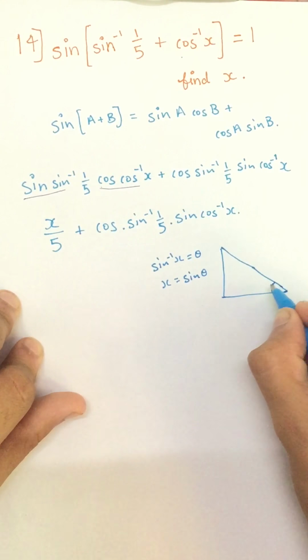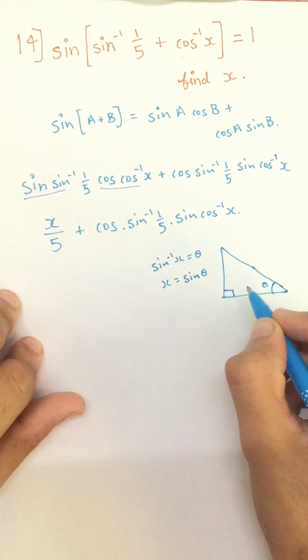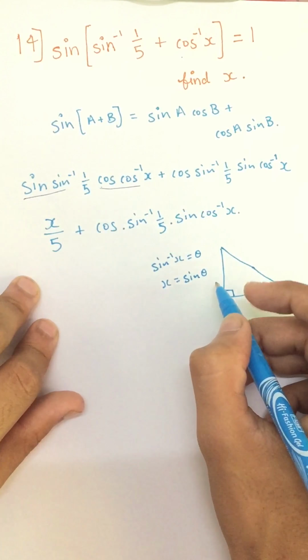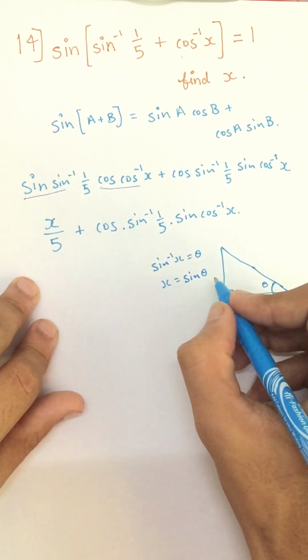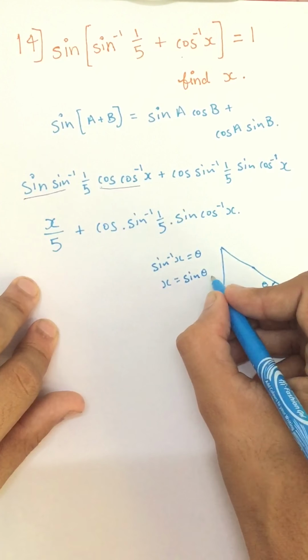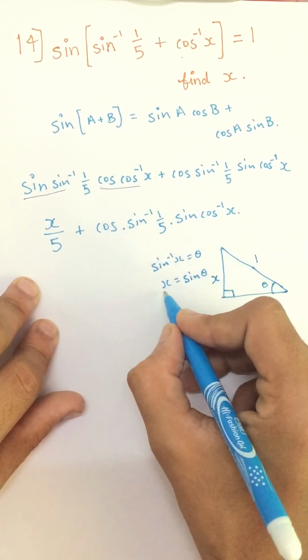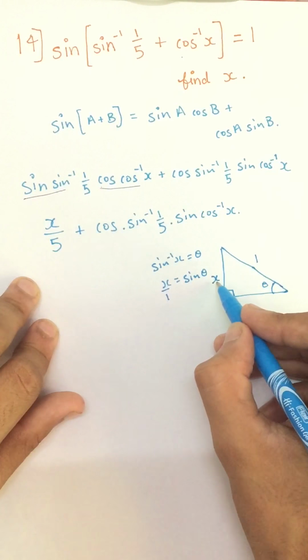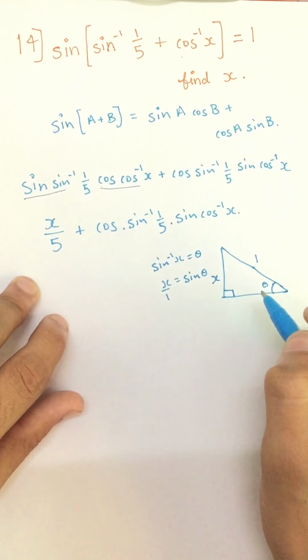So let us take this angle as theta. This is our 90-degree angle. Since x is sine theta, opposite upon hypotenuse becomes x upon 1. Since there is nothing in the denominator, I can consider it as x upon 1. So x upon 1 is sine theta.